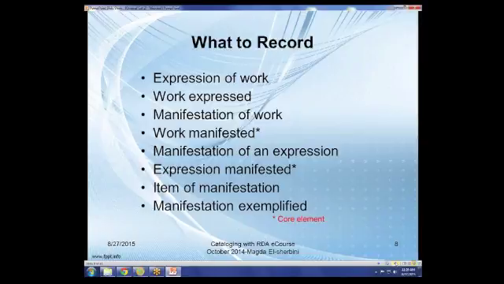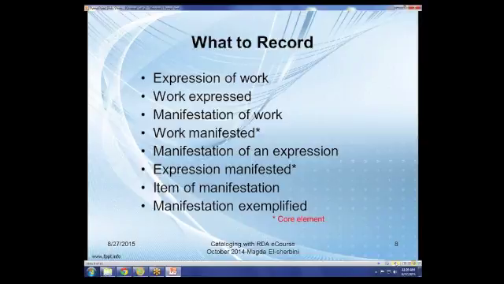We're also trying to record the particular physical manifestation of the work, the number of pages or the length of the recording, the number of discs containing the recording, etc. These are qualities of the manifestation, but not of the work itself.